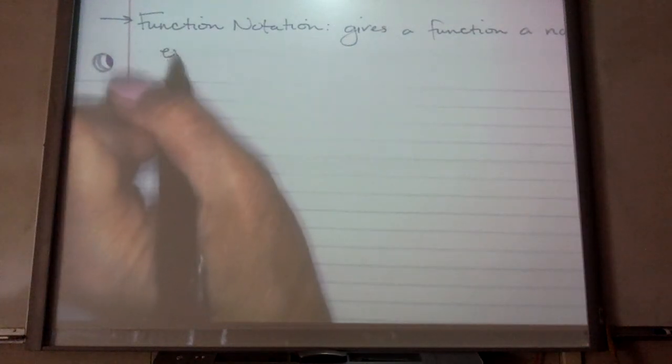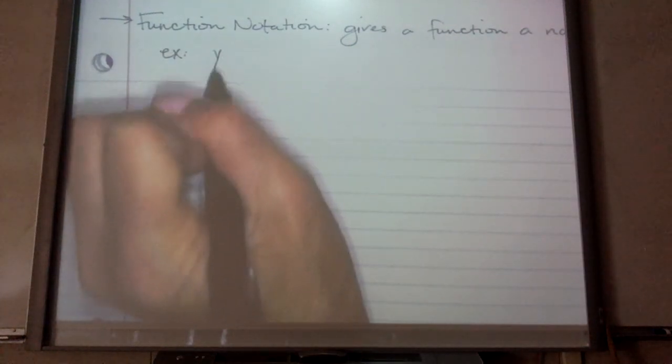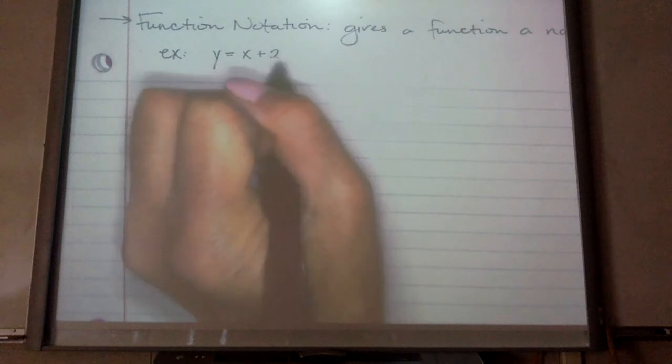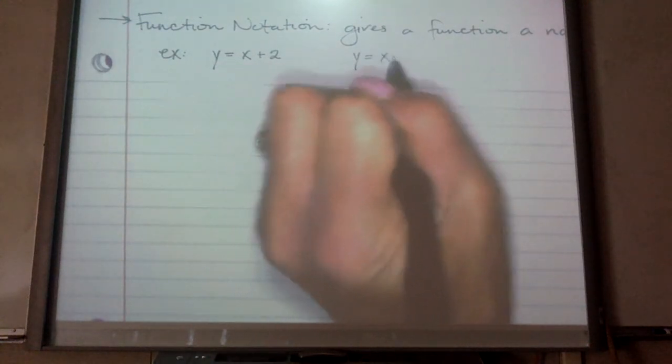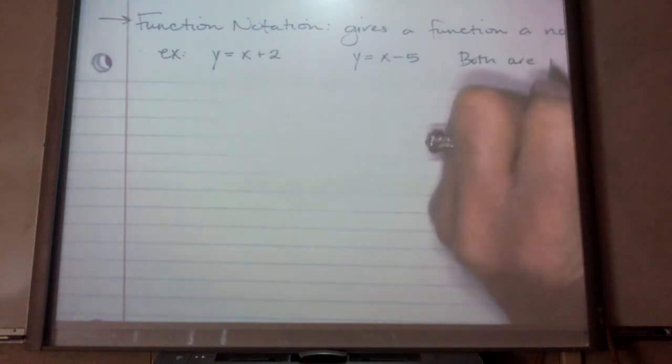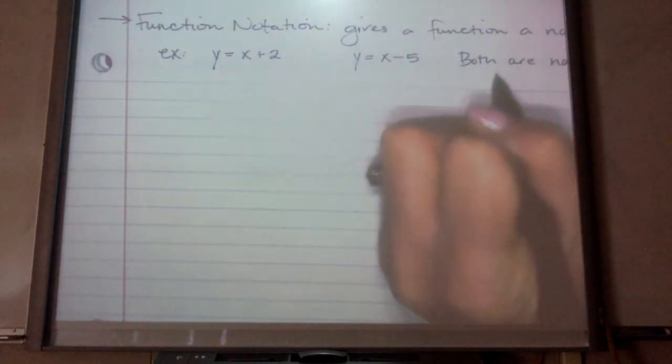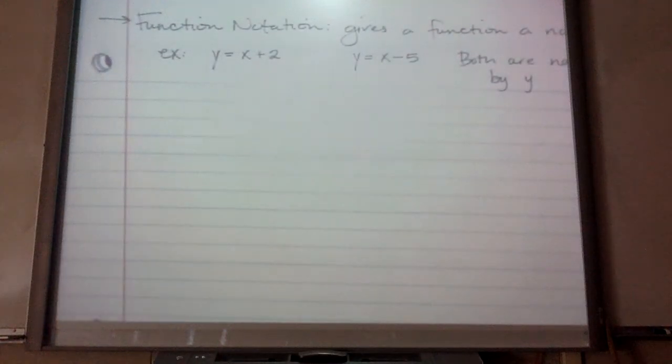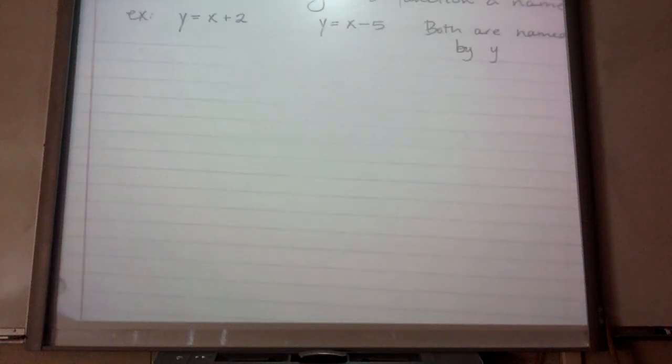For example, here are my 2 functions: y equals x plus 2, y equals x minus 5. Both are named by y. So right now, these 2 different functions have the same name.